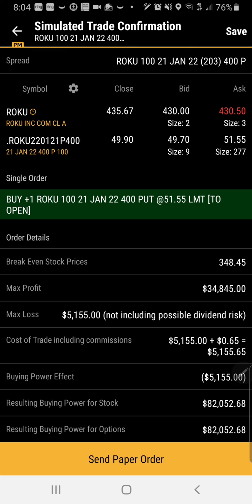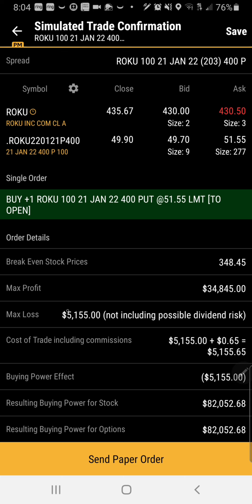And I'll tell you how they get this number. If 400 is our strike price, the most money that we could make is $40,000. 400 multiplied by 100 equals 40,000. And we're paying 5,155 for it.